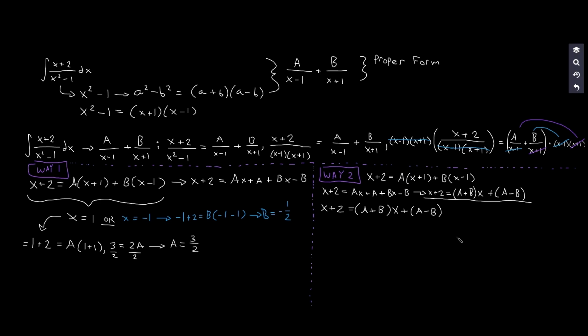So we have to identify the coefficients of x on both sides. The x term on the left-hand side, this x is the same thing as 1 times x. That's 1 times x, and so the coefficient is 1.